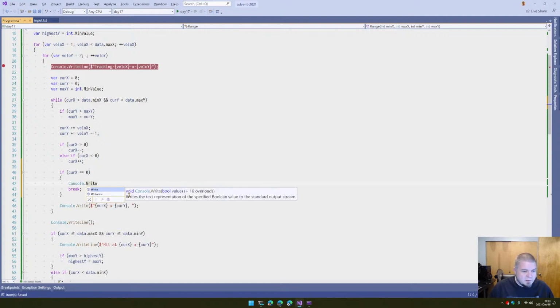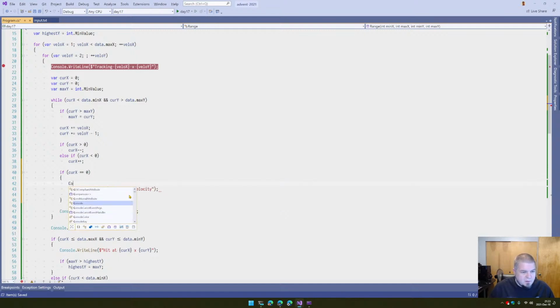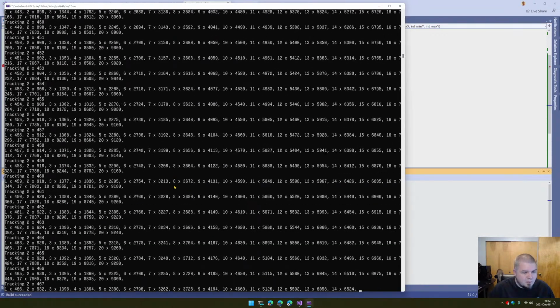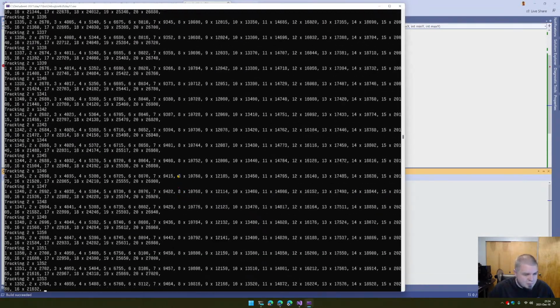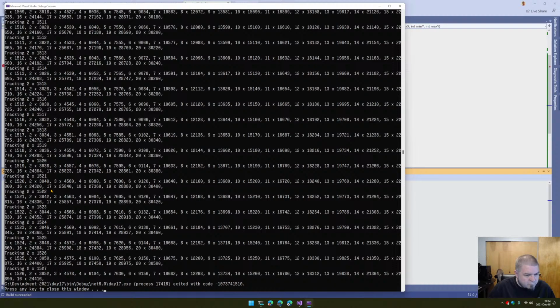Console write line terminal x velocity. Because we'll never go far enough to the right. We will have slowed down. Okay, well that's interesting.